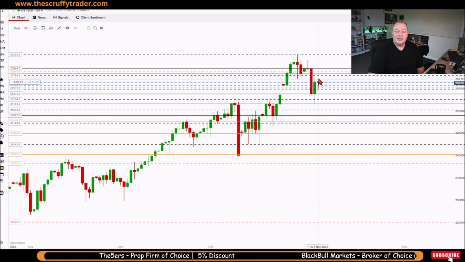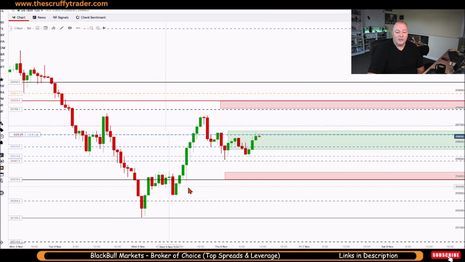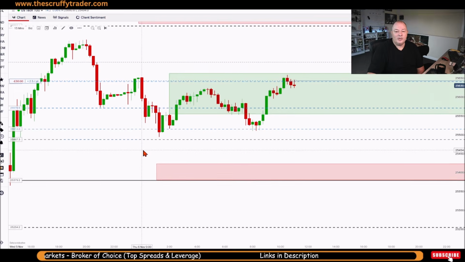Well, there it is there. That's moving up. And it's a general push to the upper side. You've got to be really careful with this, because if you get caught in one of them, you know about it. So size down. Okay, we'll come back to the hourly so we can see it. Am I happy with this sort of process? Yes. 15 minute. What about this?